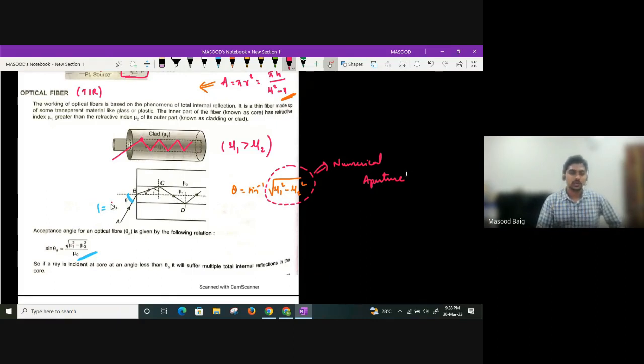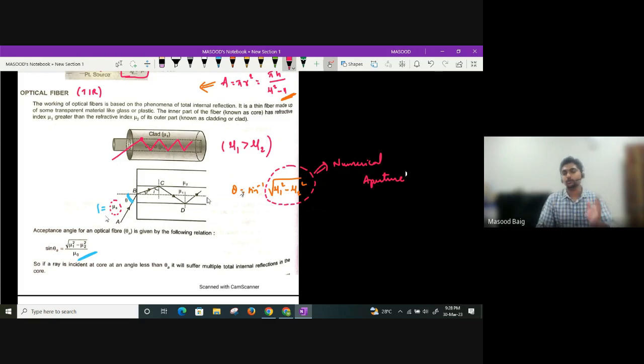For the surrounding medium, we usually take air only. For air, we take it as 1. So for optical fiber, again, we can write sine inverse of under root mu1 square minus mu2 square as the acceptance angle. The acceptance angle is the maximum angle of incidence through which the light enters the optical fiber, for which the light will stay inside the optical fiber only.